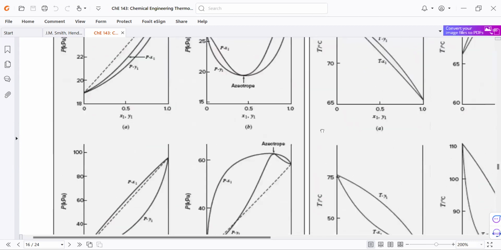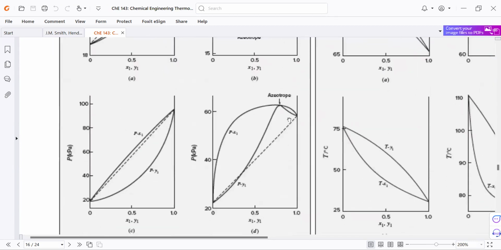Here Px1 deviates positively from the straight line, causing a maximum, and Py1 also departs positively from linear behavior. So we have an azeotrope as well, with the same behavior as in the minimum pressure azeotrope.